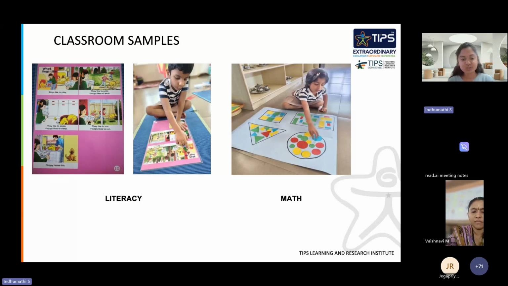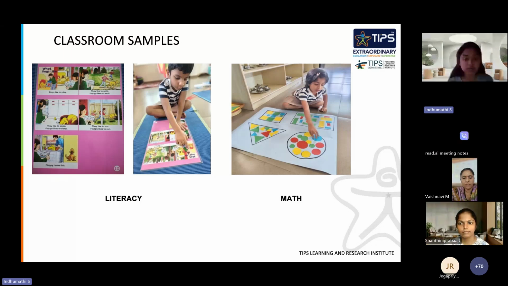It belongs to the multi-structural level of thinking because the learner is able to sort the multiple shapes. And if the same learner is able to explain why the shape belongs to this category, able to explain the sorting, then it becomes the relational level.